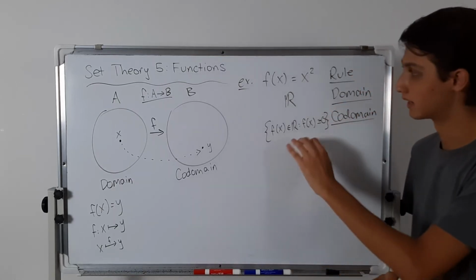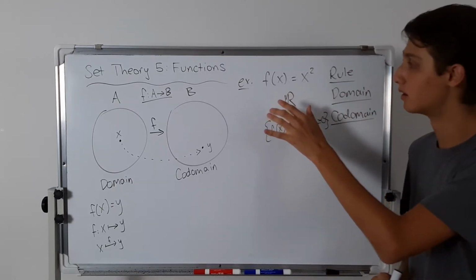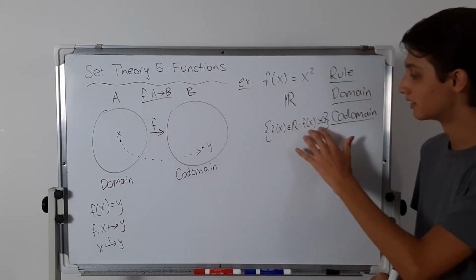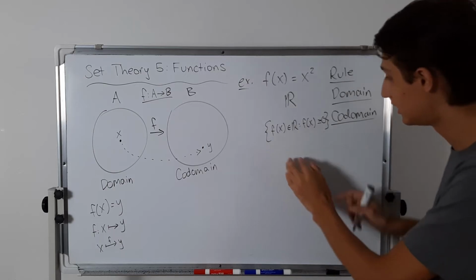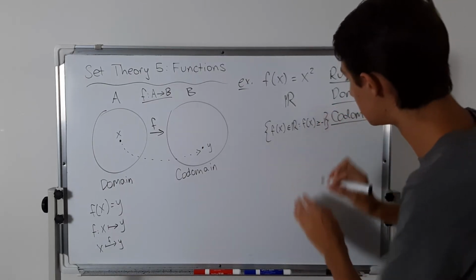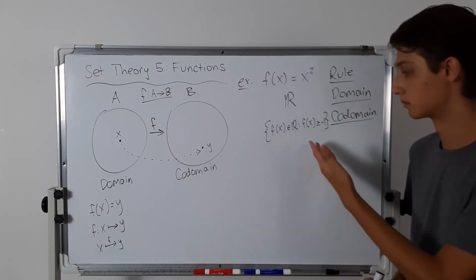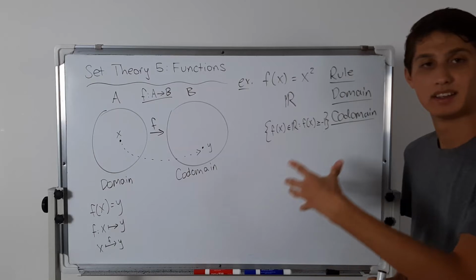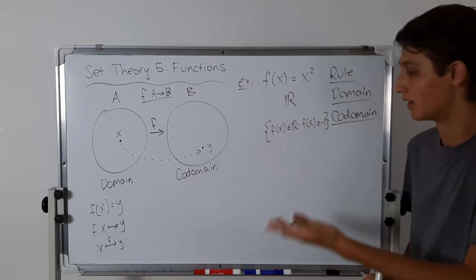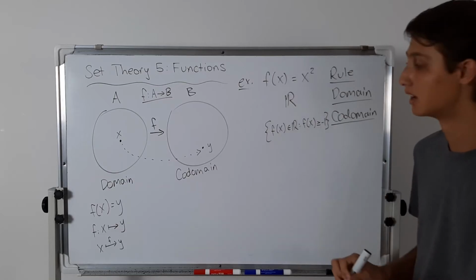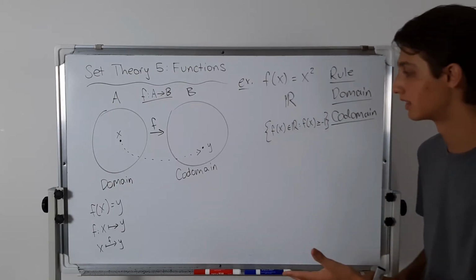And that's fine because the outputs of x squared are positive numbers and 0, and this is precisely that. I could even say that they are greater than or equal to -1. Sure, there will not be any outputs between -1 and 0, but it doesn't matter, as long as we contain everything that's supposed to be there, then we're good. So for our codomain, we have a choice.